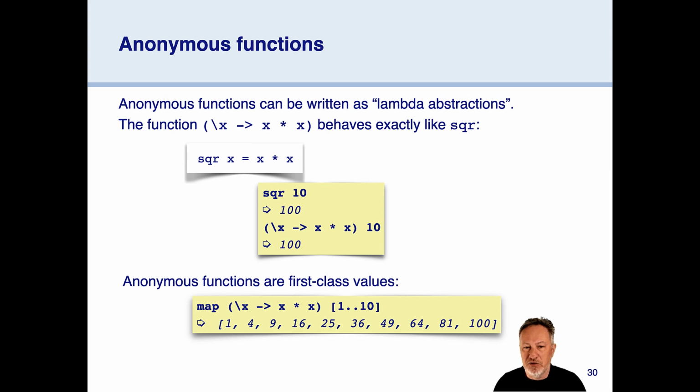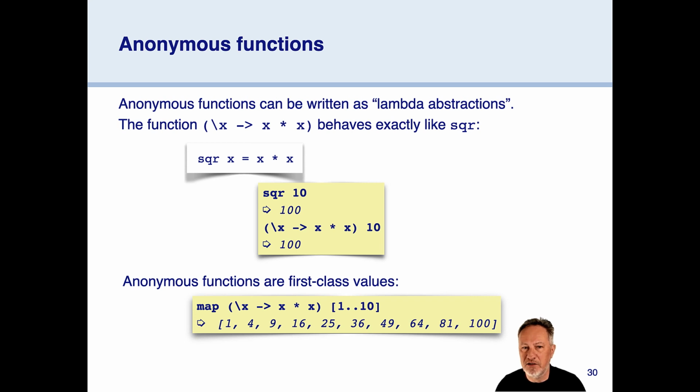In addition to functions that are defined using the mechanisms we've seen so far, pattern matching and so on, you can also have anonymous functions that are unnamed. This concept has also made its way to many other programming languages. Most recently, Java has had anonymous functions added to it.